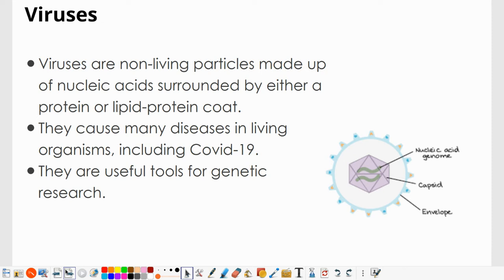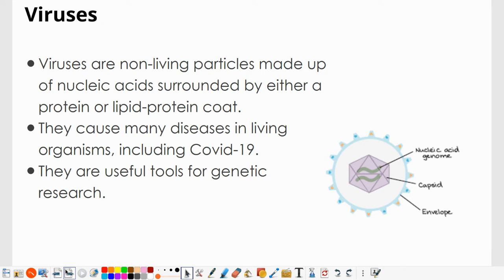You see a basic illustration of what a virus looks like here on the right side of the screen. The envelope, that's the outside coating. Inside of it, you have a capsid that further encapsulates or surrounds that genetic material, the nucleic acid, the genome there on the very inside.